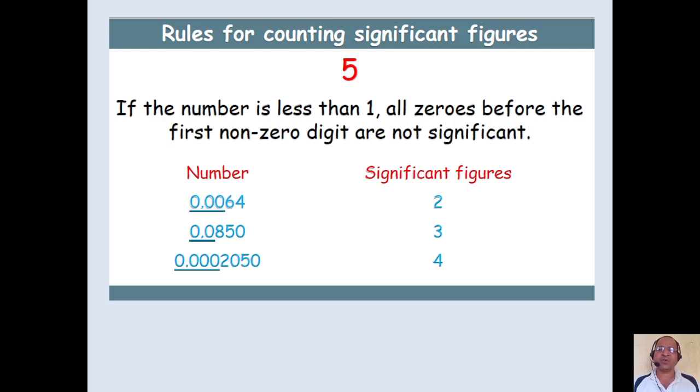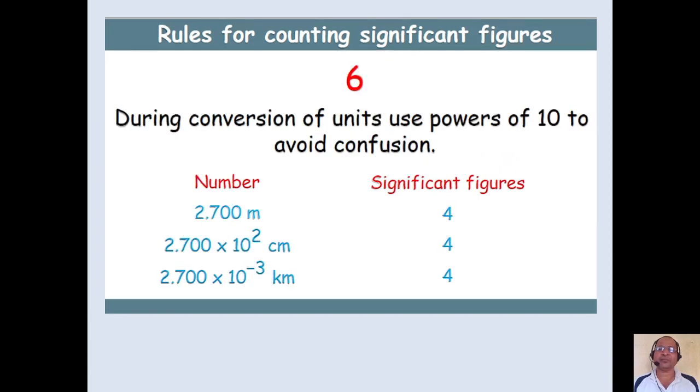Again, the first 4 zeros, which are before the first non-zero digit 2, are not significant. The next 0, which is in between 2 and 5, is significant. The last 0 is a terminal 0 with a decimal, so again it is significant. So this number has 4 significant figures.